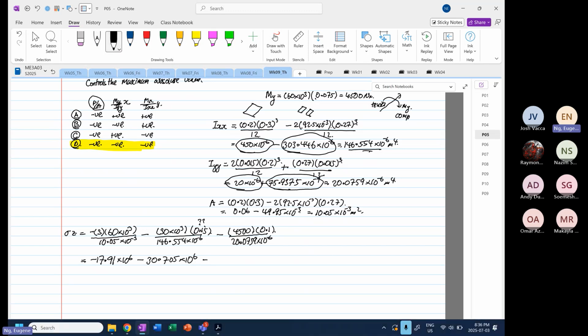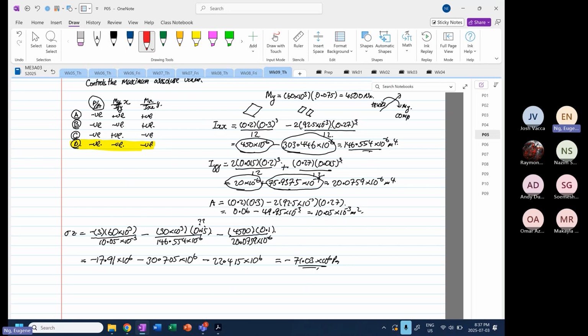Minus 3.0759 to the power of minus 6, 22.415. Let me calculate again. 450 times 1.1 divided by 20.059. Okay, so this will be equal to minus 17.91, 30.705, 22.415, which is 71.03 times 10 to the power 6 Pascal.